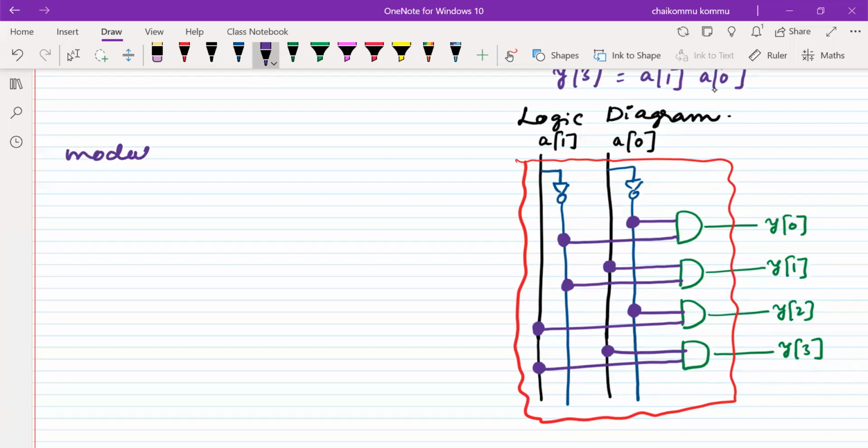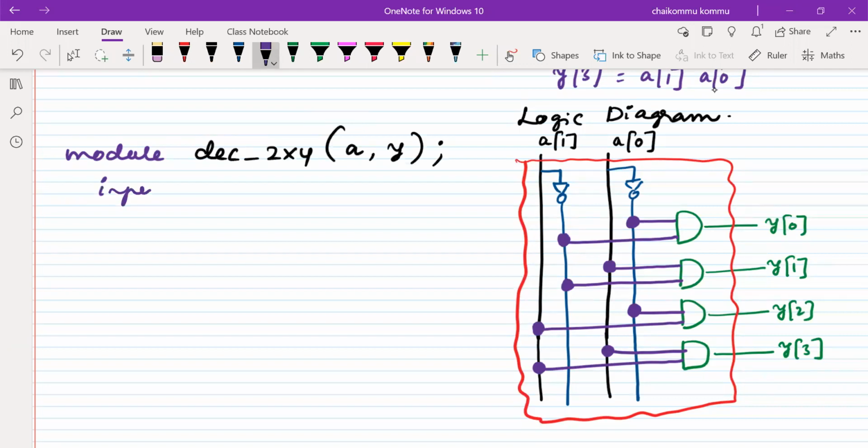Let us write a module, the 2 by 4 decoder, named dec_2by4. A is my input signal and Y is my output signal.